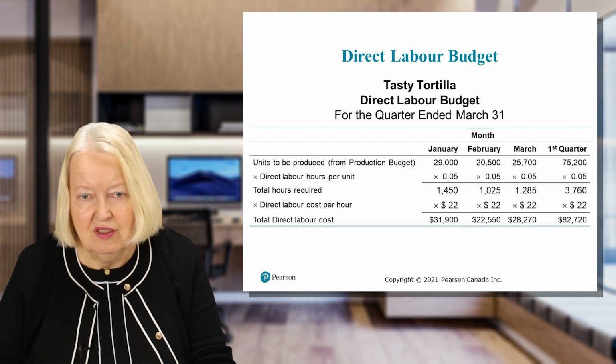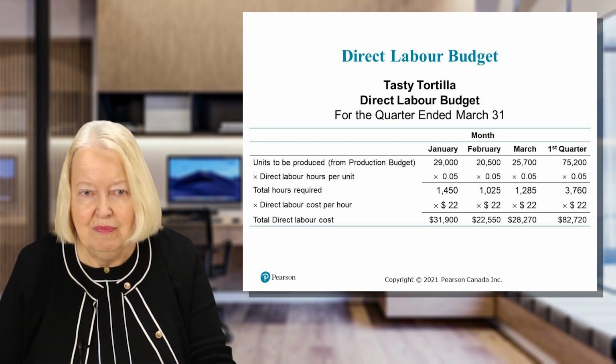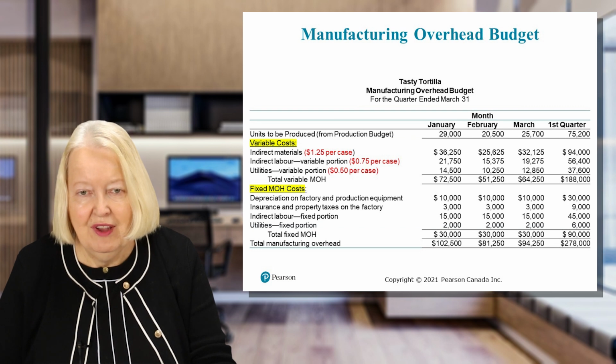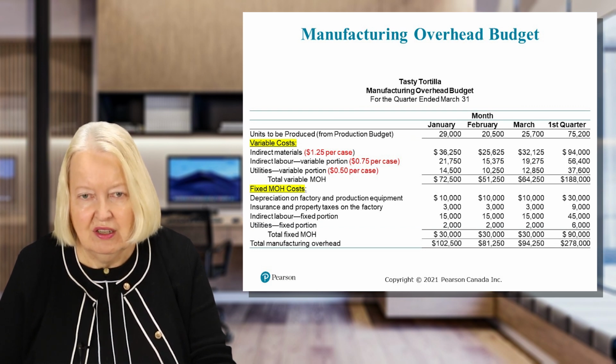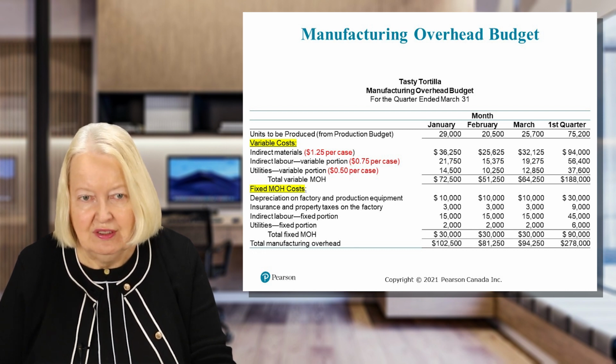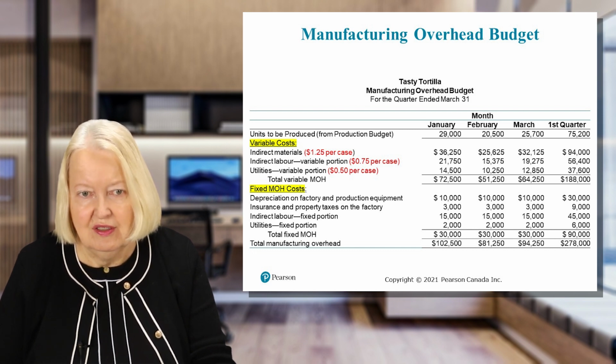So that's relatively straightforward. So now we have the materials, we have the labor, so we have another category that we have to calculate is the manufacturing overhead. So that's the general overhead cost of running your manufacturing facility. So there's two categories of overhead. There's variable cost and there's fixed cost.